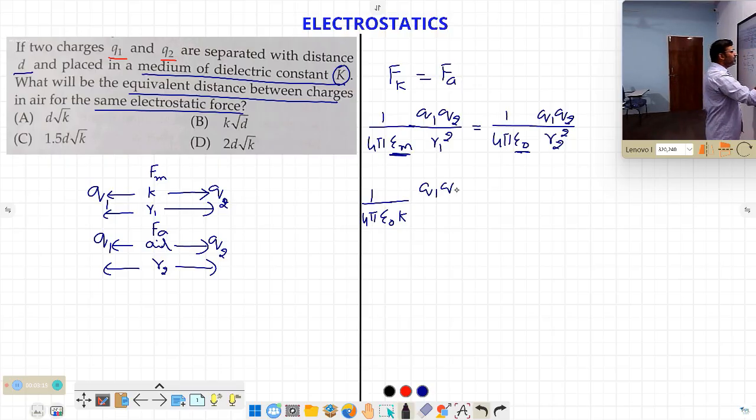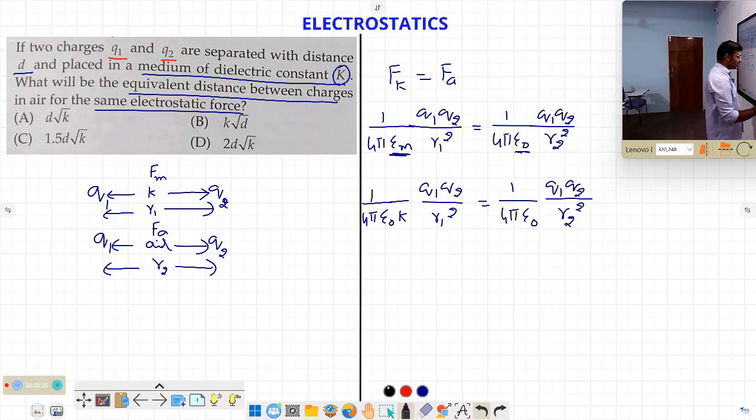So 1 by 4 pi epsilon naught K into Q1 Q2 by R1 square is equal to 1 by 4 pi epsilon naught into Q1 Q2 by R2 square. We can cancel 1 by 4 pi epsilon naught on both sides, and Q1 Q2 on both sides. The remaining is K R1 square equals R2 square.